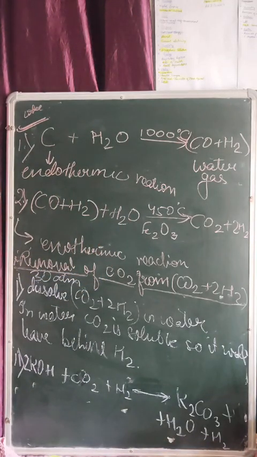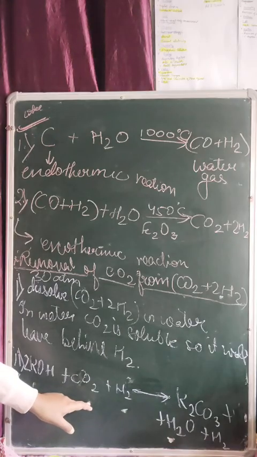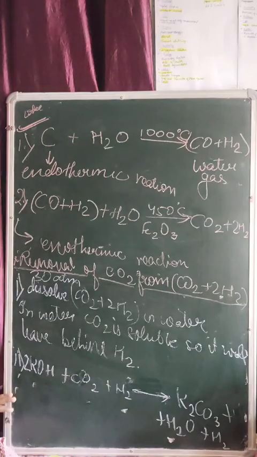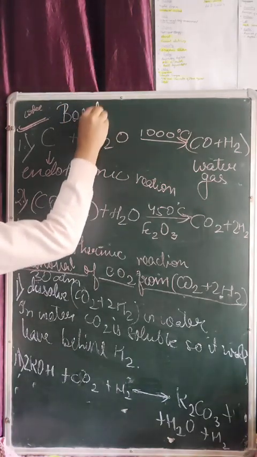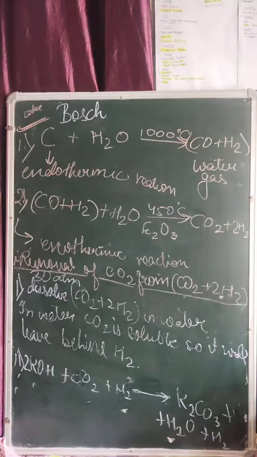This is 2 to 4, yes, this is correct. H2 and 2, 4. Yes. So this is the process of removal of carbon dioxide from the mixture of carbon dioxide and hydrogen given out when we manufacture hydrogen using a non-metal, which is red hot coke, and this complete process is also known as the Bosch process.